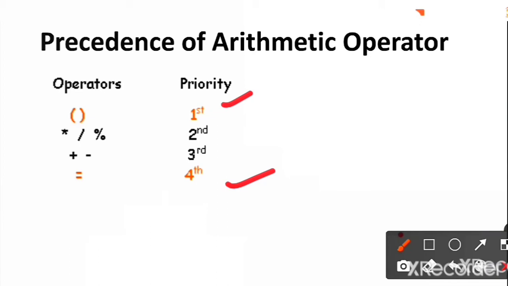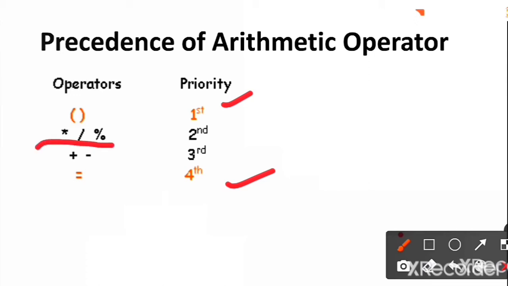If you follow this BODMAS rule, you will get the correct answer, that is 17, because this rule says an expression within the bracket is evaluated first, followed by the division operation, then the multiplication operation, then the addition operation and lastly the subtraction operation.